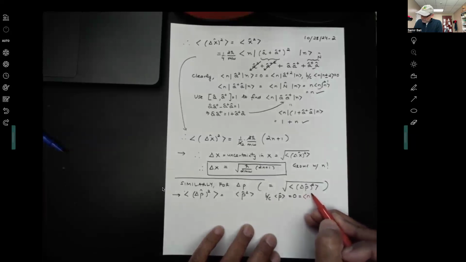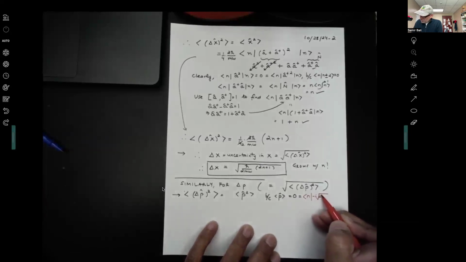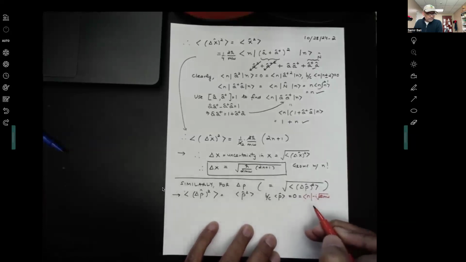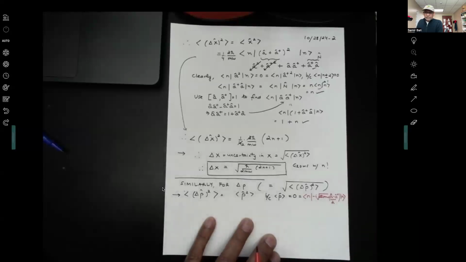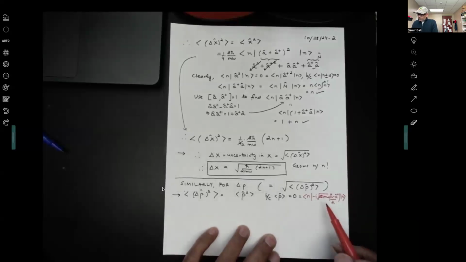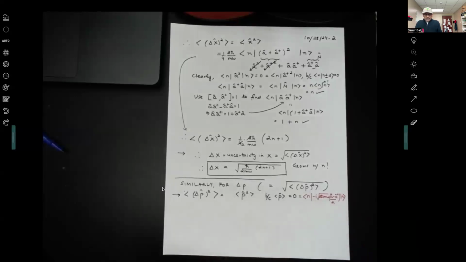The p is minus i square root of h bar m omega over 2 times a minus a dagger. Again, you have an a and an a dagger, and for exactly similar reasons as before, you will get all of this to be 0.